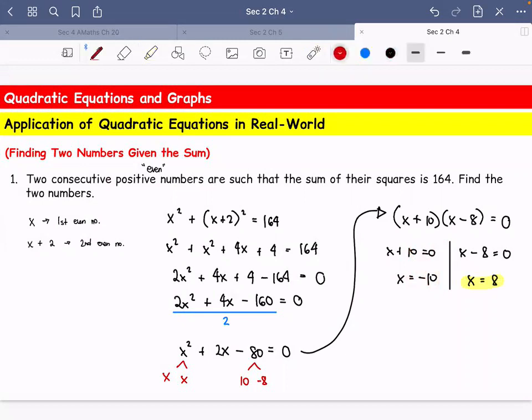But then, we need to find the sum of the two numbers, so it's x plus 2. What is the sum of the two numbers? It becomes 8 plus 10, which is equal to 18. So this is your final answer, 18.